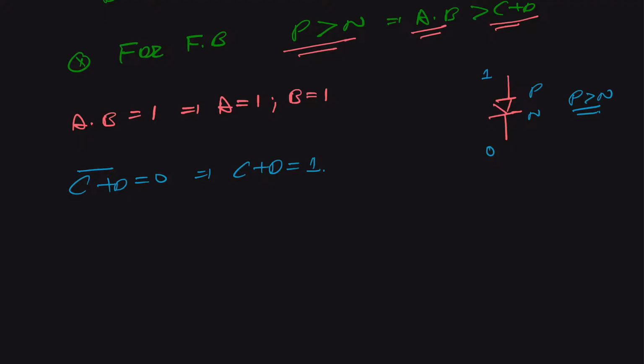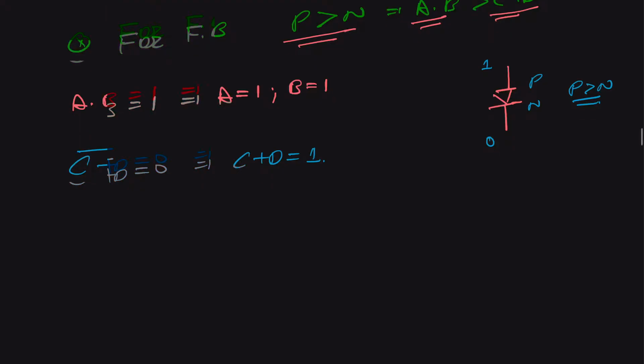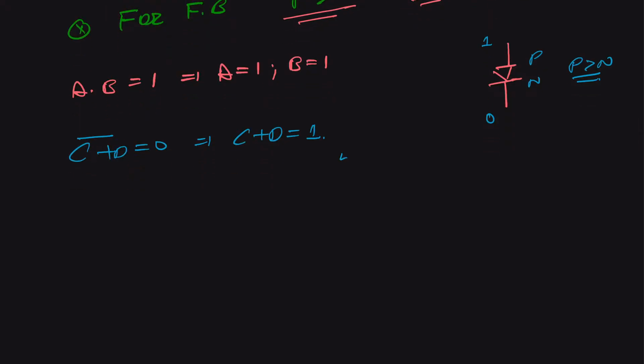And so which is true for all the conditions except our value of C, D, this cannot be equal to 0. So we have to keep this in mind, because if C plus D is equal to 1, then our C plus D bar will be equal to 0, okay, which we want.